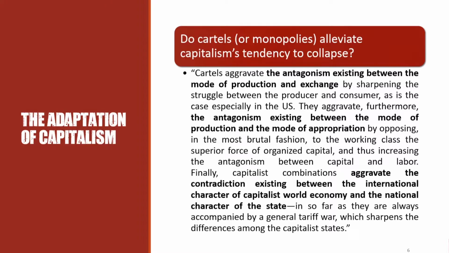The contradiction between production and exchange is one of the fundamental ones that Marx spends a lot of time talking about in Capital, especially culminating in Volume 3. So the mode of production is making things, and this has to do with the realization of profit overall.